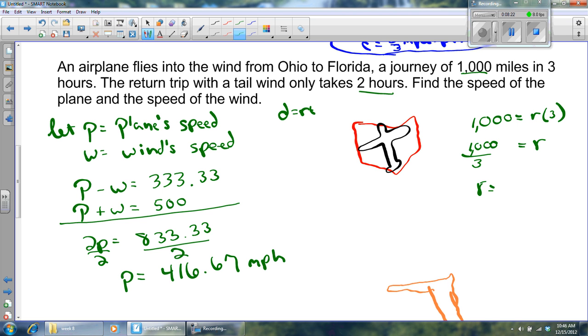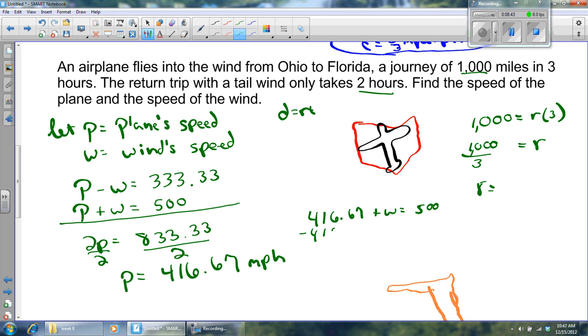In other words, it's 416 2/3 miles in an hour. All right, now I can plug it into one of these two equations. So I'll say 416.67 plus W is going to equal 500.